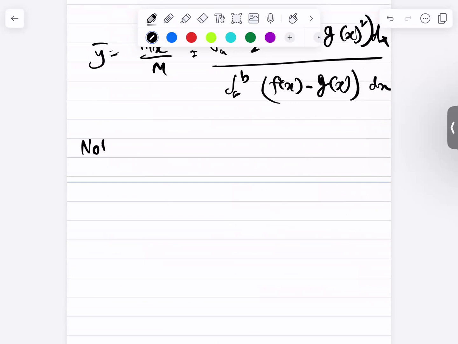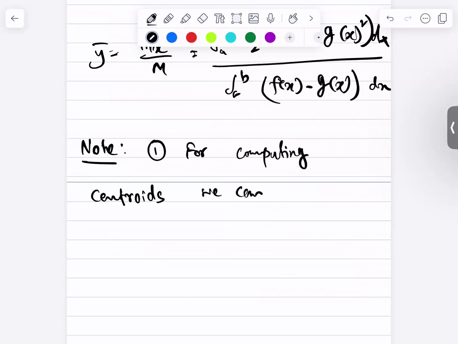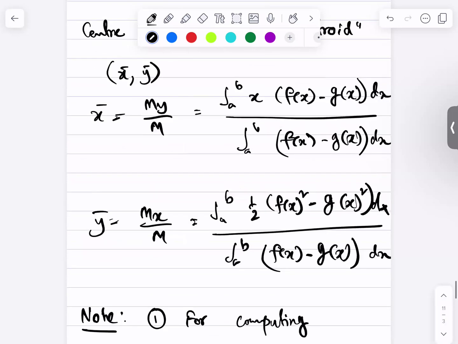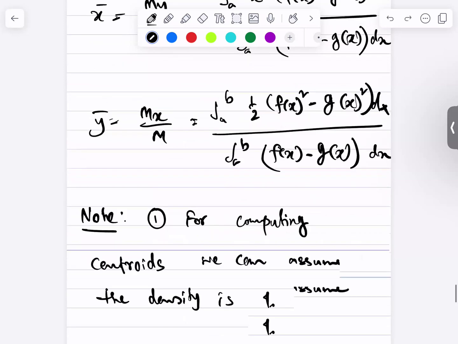There are two remarks. Number one is for computing centroids, we can assume the density is 1. Because see, in the calculation of the centroid, there is no E. There is no involvement of E. So for simplicity, we can just ignore that.